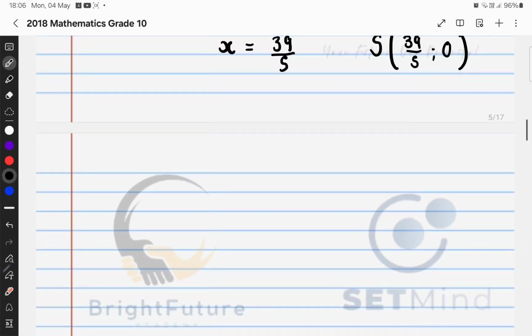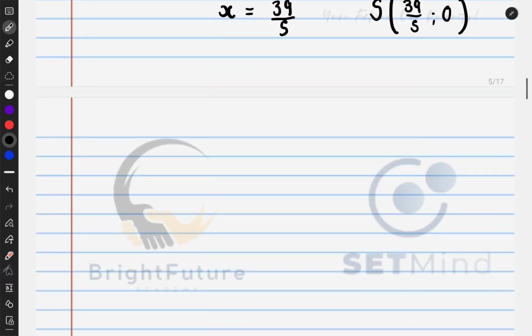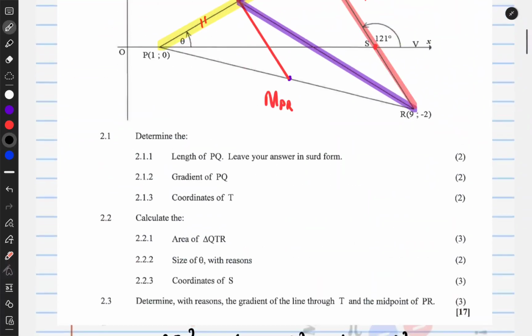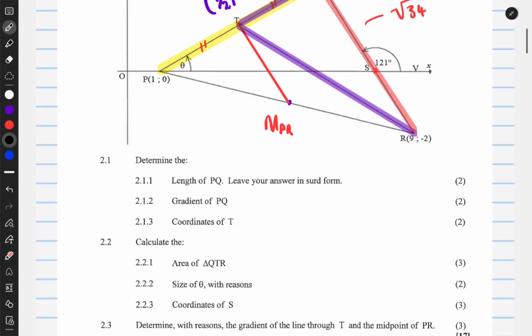This is 2.3. We are looking for the midpoint of PR. Is it PR or QR? Yes, it's PR.